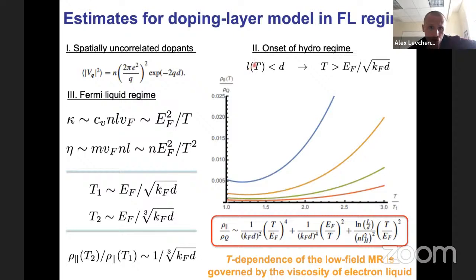So we need to ensure that L_ee(T), here I forgot to put ee, is smaller than D. L_ee is inversely proportional to T squared in Fermi liquids. So it means that we need to be in the regime of temperatures higher than E_Fermi divided by this parameter in the problem, which is the square root of k_Fermi D. For typical devices that I looked at in the strongly correlated regime, k_Fermi D is somewhere in the range from 4 to about 30.